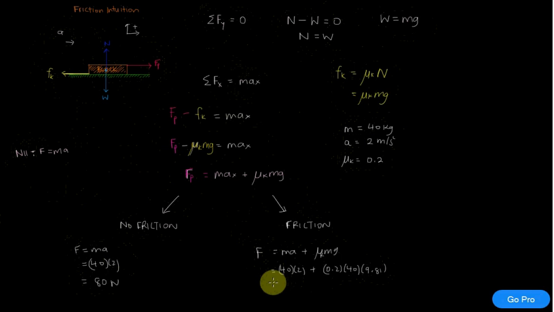Okay, so if I add all of this together, I get a rather large number, which is equal to 158.48 newtons. So it's almost double the amount of force that I had to apply early on. This is almost like 160.